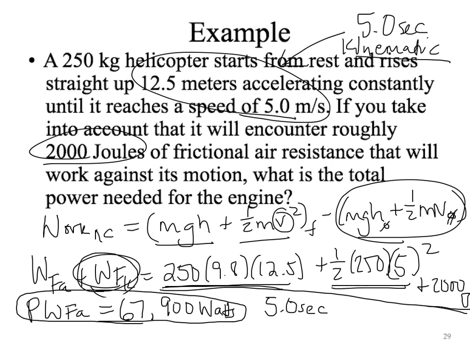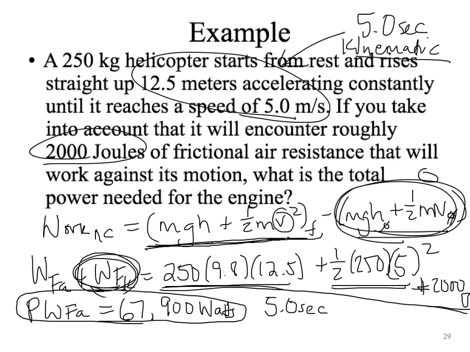All right, so just to recap, I'm going to take the final kinetic energy plus the final potential energy. I didn't start off with anything, so that's 0. And I'm going to add in friction, because that non-conservative force was friction at negative 2,000 joules, so I'm going to add that over here. Then I'm going to divide by the time that it takes, which is 5 seconds.